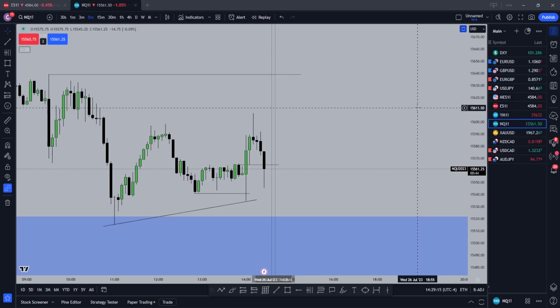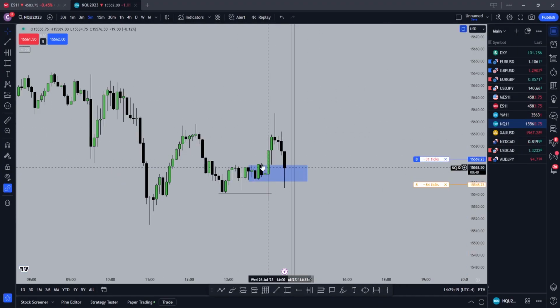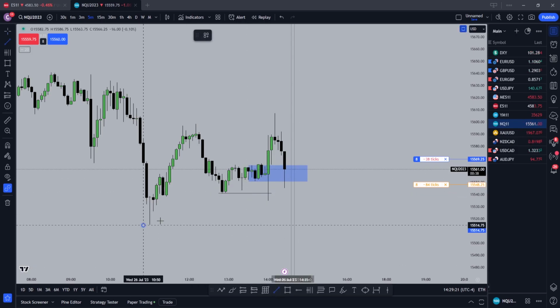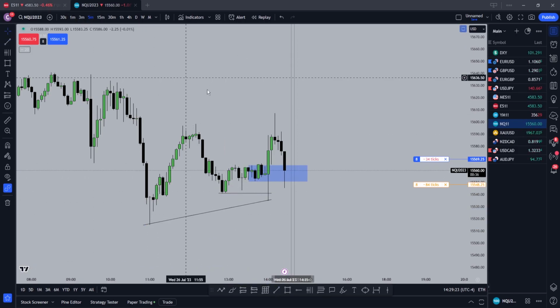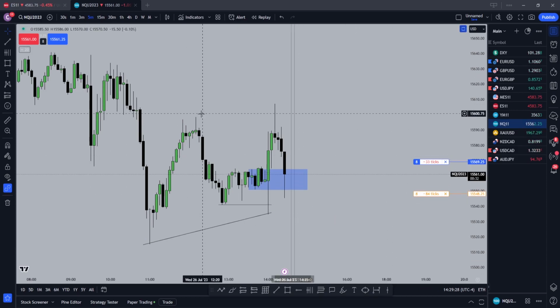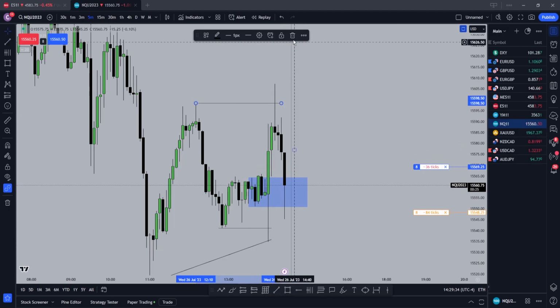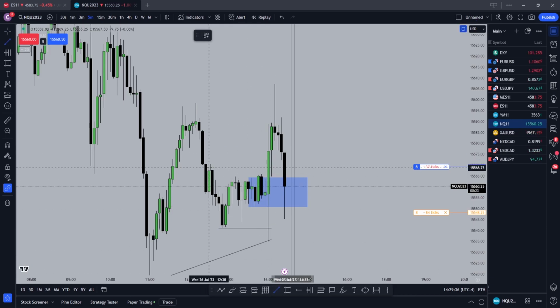So if we go back to this chart, take into account this SMT, we have that cracking correlation. And we have this larger break of structure, of course, and then the minor break over here.